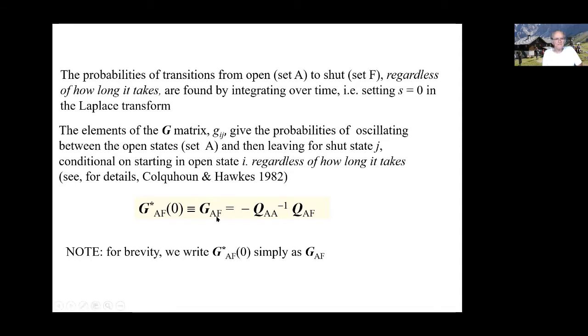This we denote simply as G_AF. Because it's not time dependent, we simply miss off the time in brackets, and so you have to distinguish carefully between G_AF and G_AF of t.